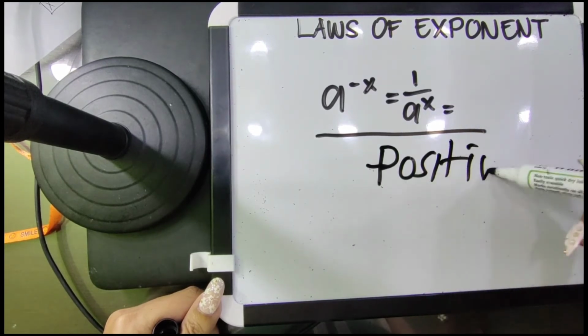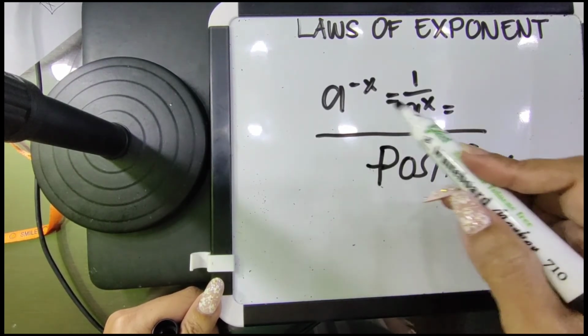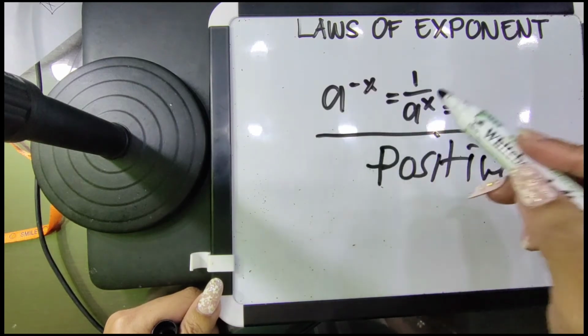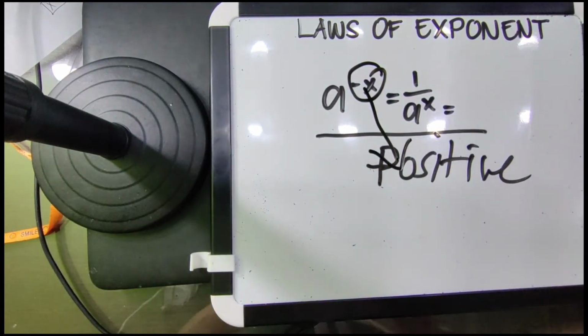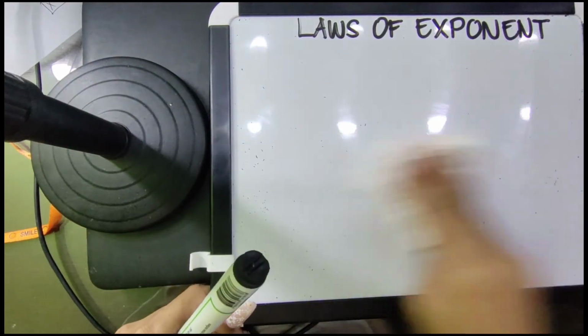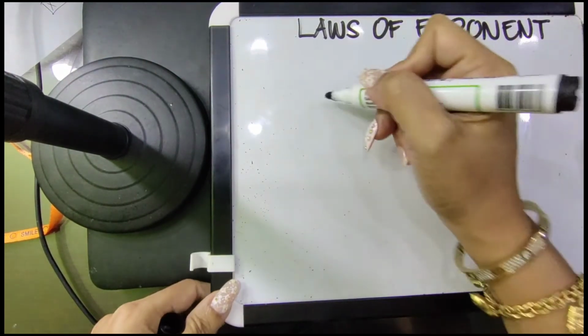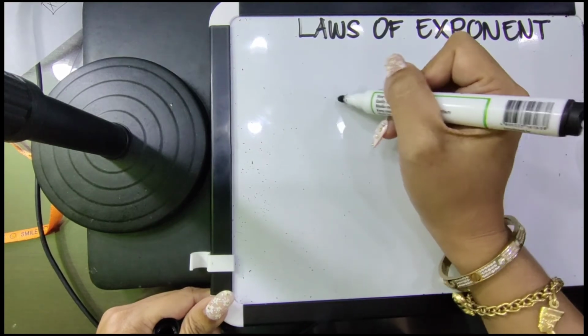If this is the given, we need to get the reciprocal so that the exponent will become positive. Last but not the least, we have the fraction exponent. Fraction exponent, this is how it looks.